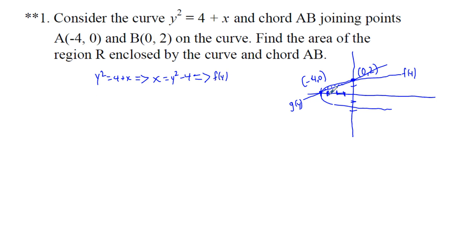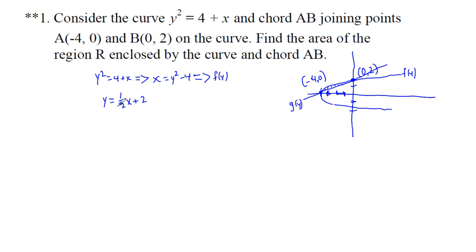Now, let's take this line segment right here. We have y equals our y-intercept, which is 2, and we have a slope, a rise over run, of 2 over 4. So y equals 1/2 x plus 2.